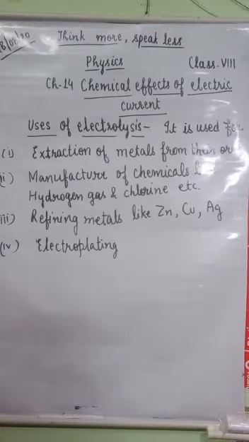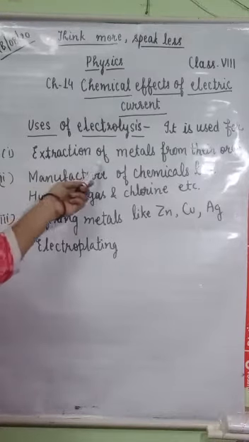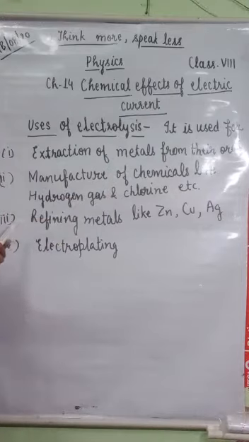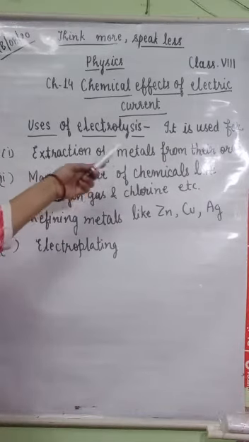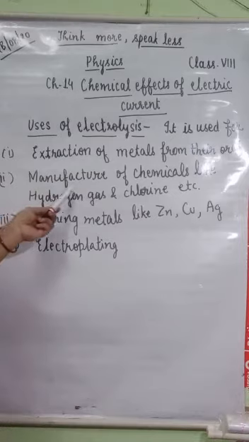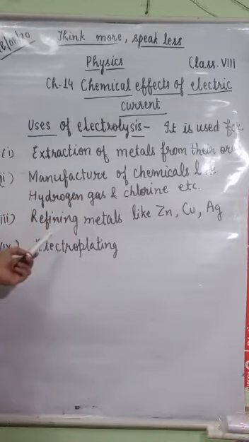Now what are the uses of electrolysis? It is used for extraction of metals from their ores. Ores are impure substances, and by the electrolysis process, we can extract metal from their ores. It is also used for manufacturing chemicals like hydrogen gas and chlorine gas and some other gases.